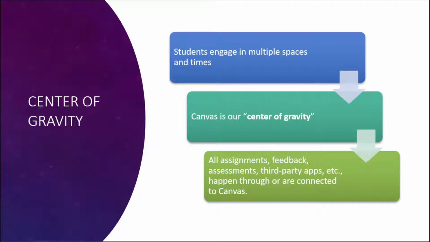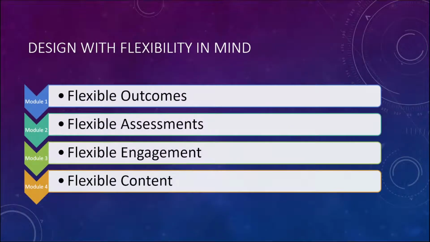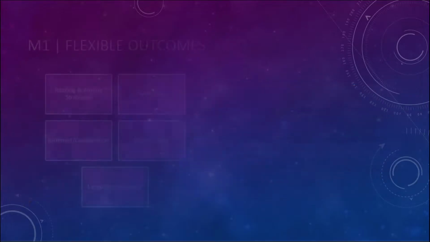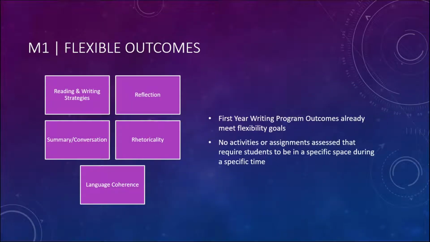Now, that being said, on to using backward course design for HyFlex courses with my English 10 course as an example. So the HyFlex Institute helped me consider designing with flexibility in mind with these 4 areas: outcomes, assessments, engagement, and content. Thinking about outcomes first, we want to make sure that our outcomes consider the space and time of our learners.